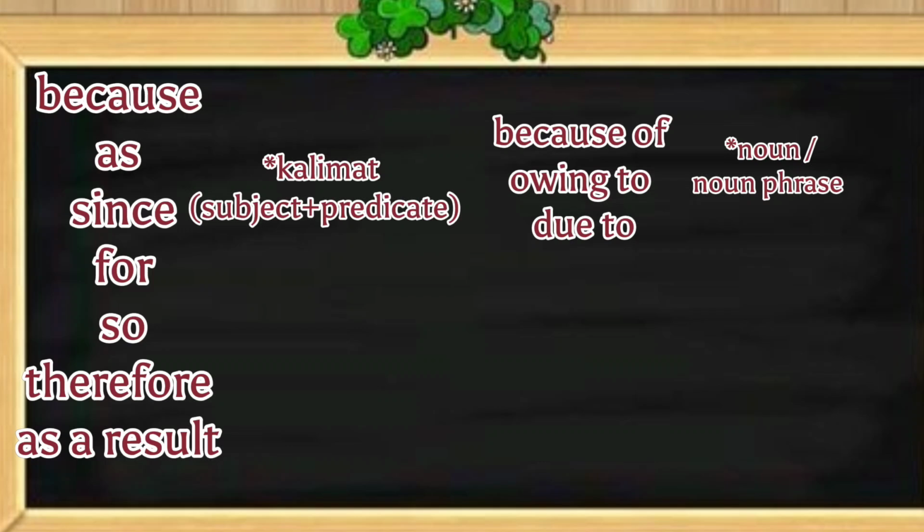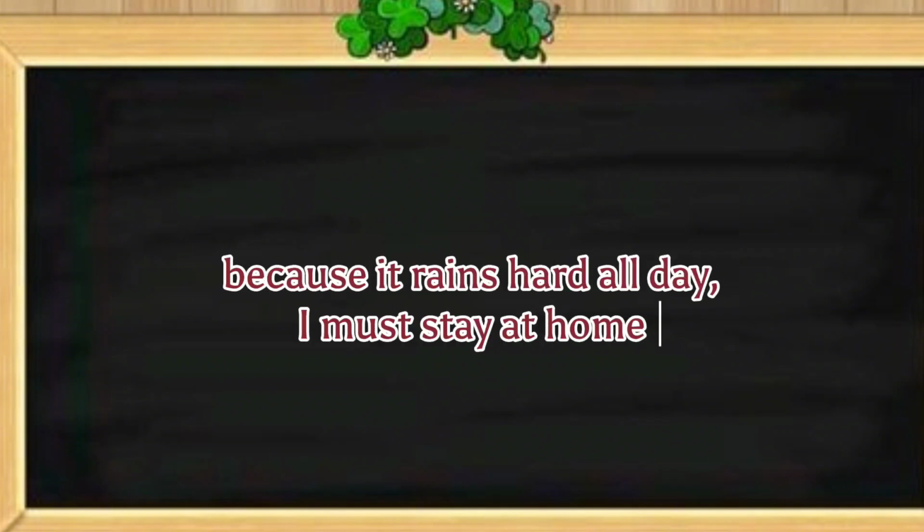If you are still confused, let's see this example of cause and effect sentences. Because it rained hard all day, I must stay at home. Does anyone know what that means?